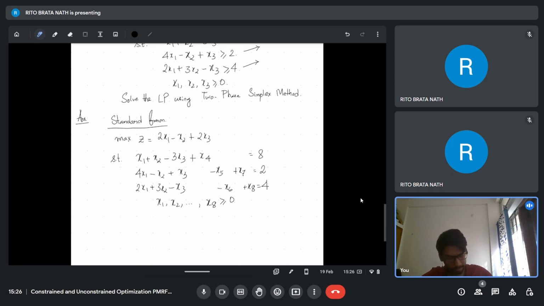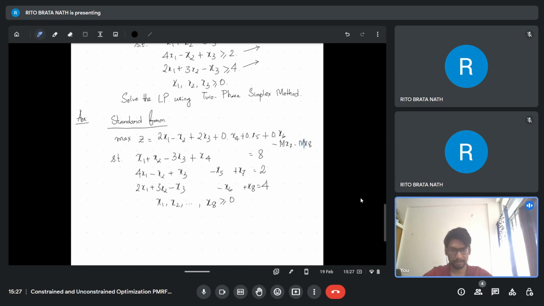But now what you have is this is 0 x4, 0 x5, 0 x6, and in the standard form, you can put any negative M as well, but you can put it as 1 here as well. But generally it's M, so that you systematically eliminate that. But we're not dealing with it anyway.